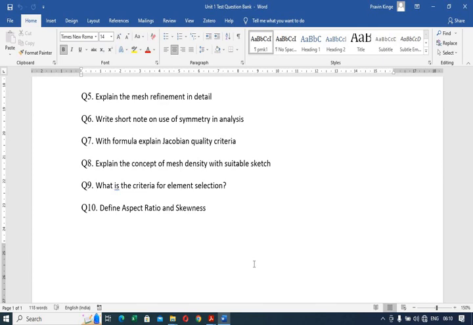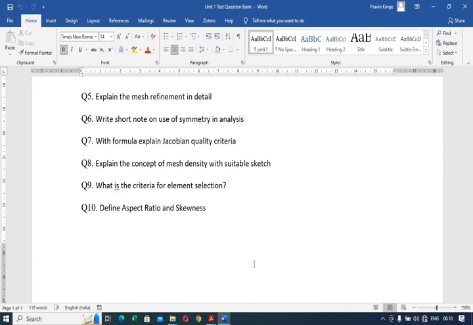The second probable question that can be part of your examination is, write a short note on use of symmetry in analysis. There are many geometries which are symmetrical about one particular axis. In that case, instead of going for the analysis of the entire geometry, you can consider the portion of the geometry which is symmetrical for the analysis.